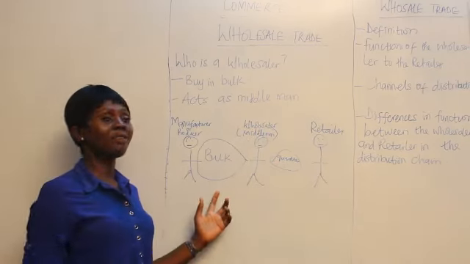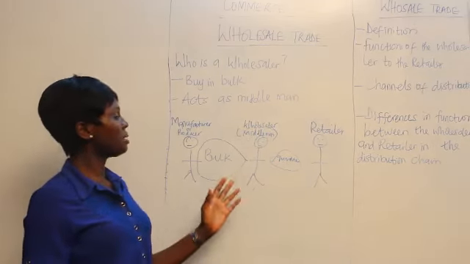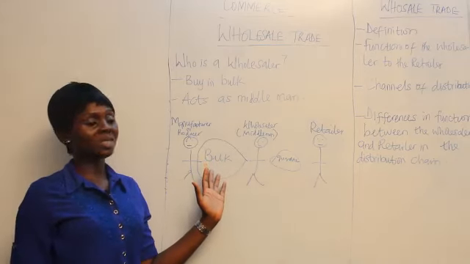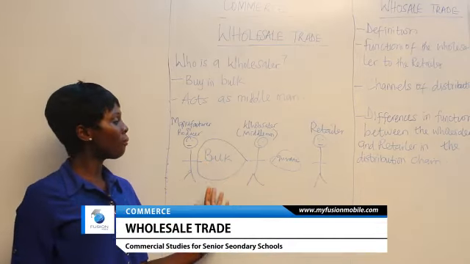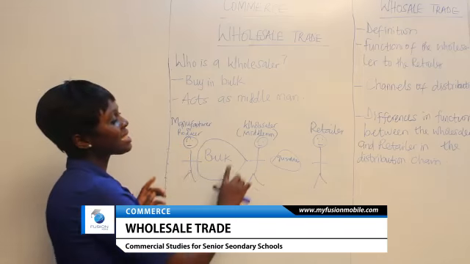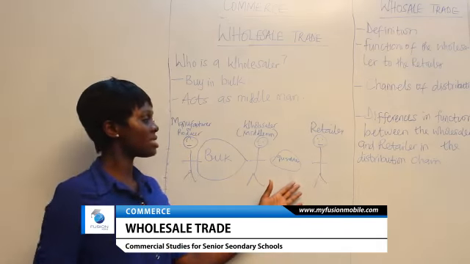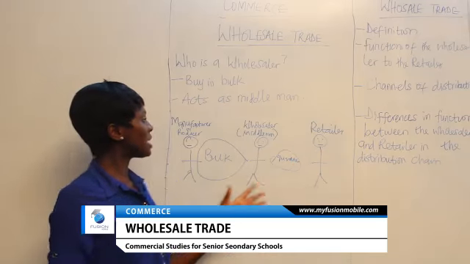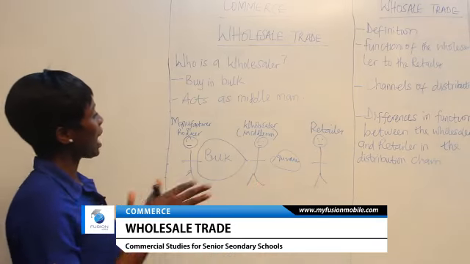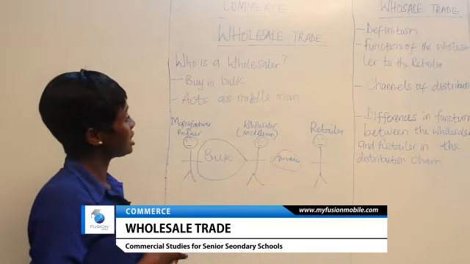You can see him buying goods in large quantities or in bulk from the manufacturer, and selling in small quantities to the retailer. So you can see how it is in the diagram.